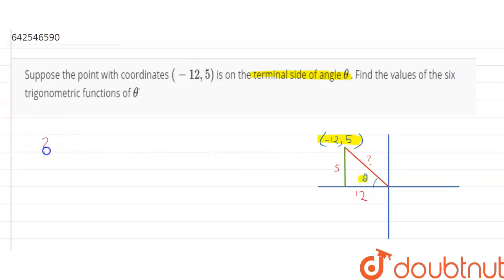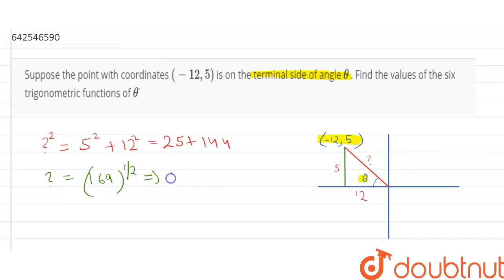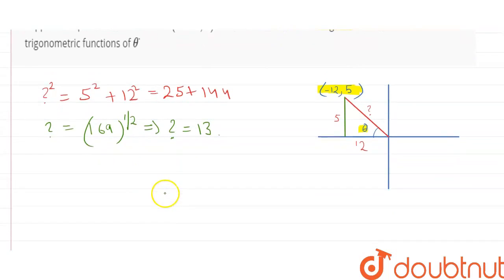It would be: question mark square equals 5 square plus 12 square, equals 25 plus 144, which is 169, so question mark equals 169 raised to the power 1 by 2. This implies the value of question mark is 13. So we have calculated the value of the third side.